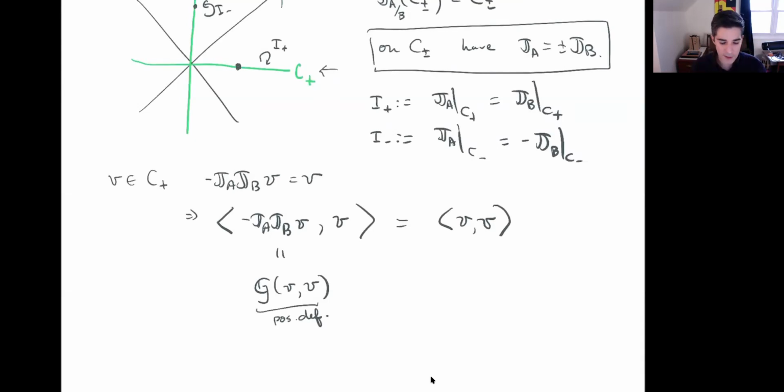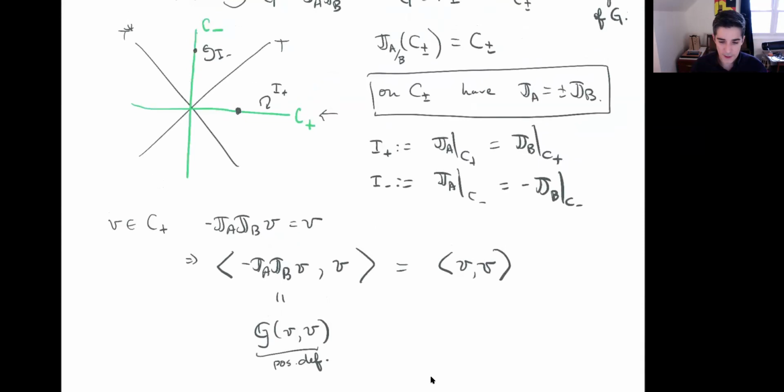But because the metric is a consequence of JA and JB, because the metric is orthogonal, it turns out that this point being positive definite with respect to the Riemannian metric means that it's also positive definite for the split signature metric. So that means that C plus is a maximal positive definite subspace of T plus T star.